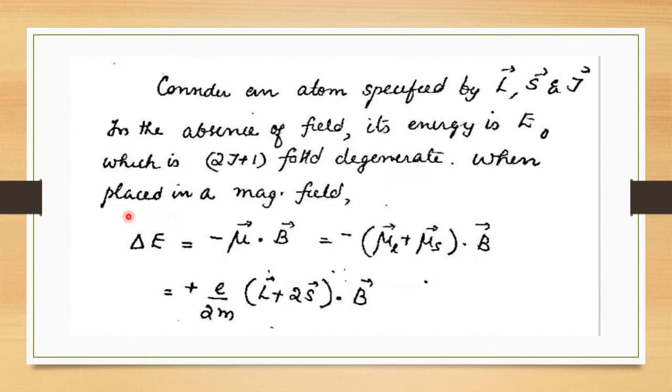Now when we place this atom in a magnetic field, it has an interaction energy delta E equal to minus mu dot B. Mu is the combined magnetic moment, orbital angular momentum magnetic moment plus spin angular momentum magnetic moment, right? So, you know the equations of mu L and mu S, we substitute as e by 2m into (L plus 2S) dot B.